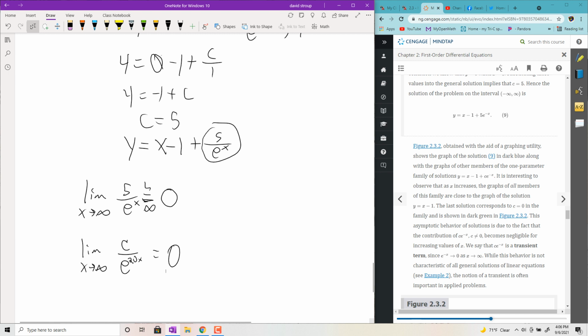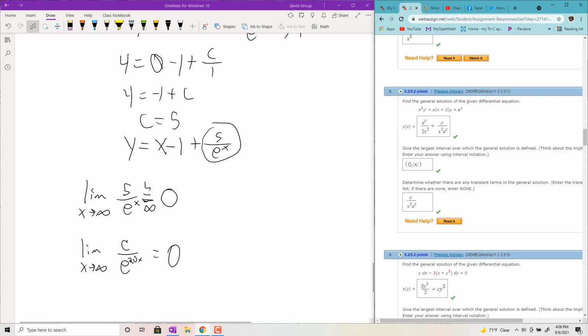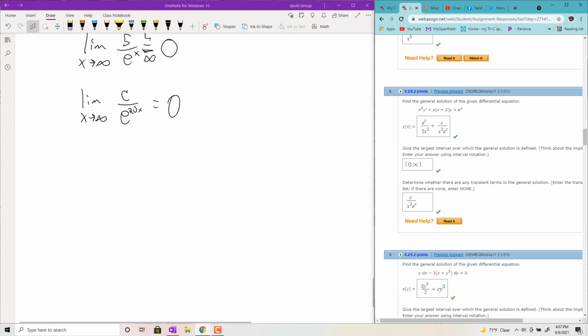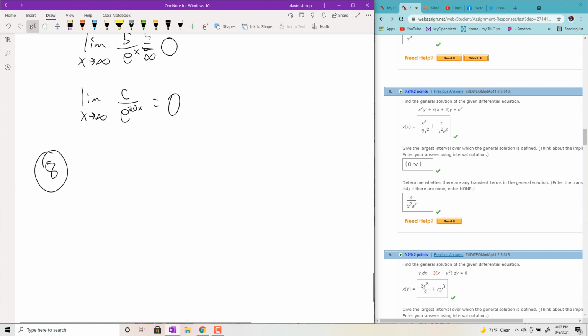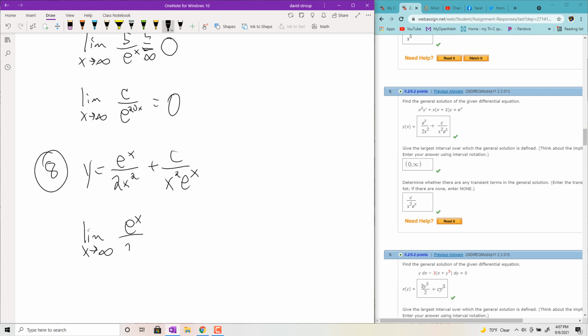So there'll be transient terms in each sort of question, and yeah, it's sometimes a little tricky, like in number 8, you can see my solution there is e to the x all over 2x squared plus c all over x squared e to the x. The first term is not a transient term, and it's because the numerator is growing faster than the denominator.